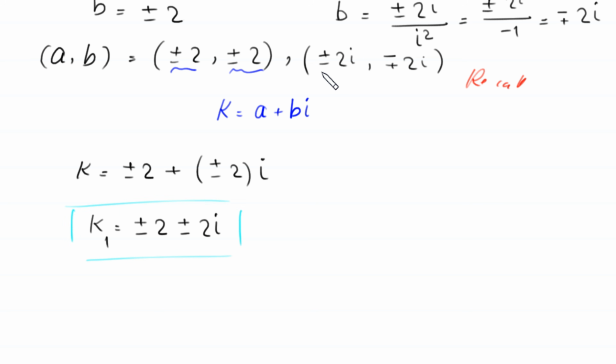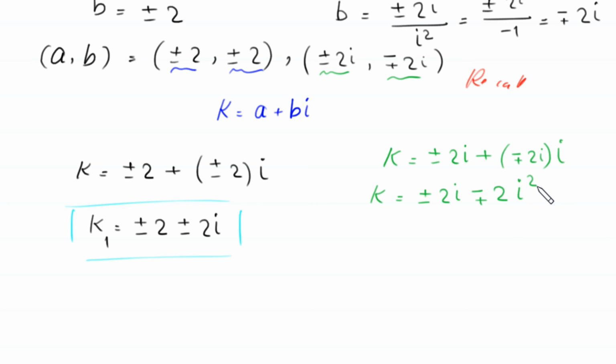Now when a is equal to plus minus 2i and b is equal to negative plus 2i, then k will be equal to, in place of this a we write this plus minus 2i, plus in place of this b we write negative plus 2i times this i. Next, k is equal to plus minus 2i and negative plus 2 times this i will become i squared.